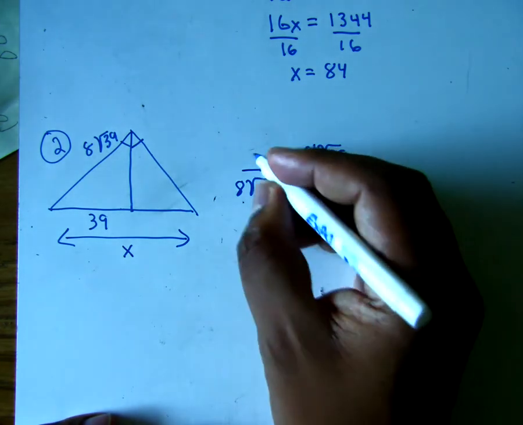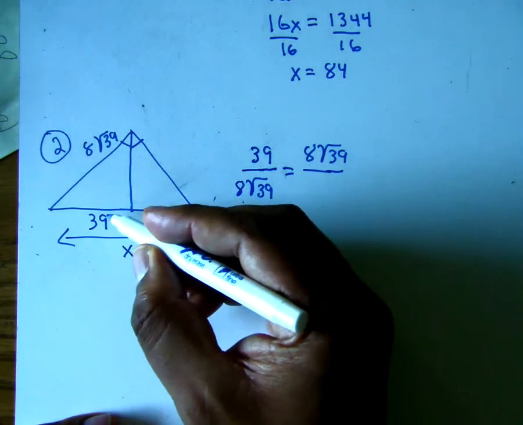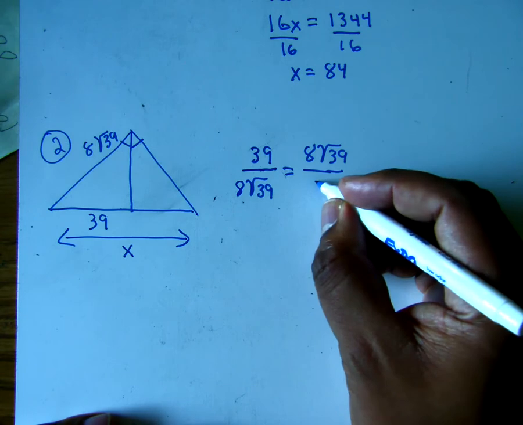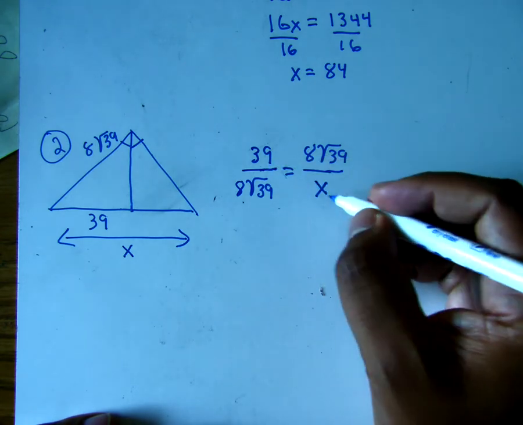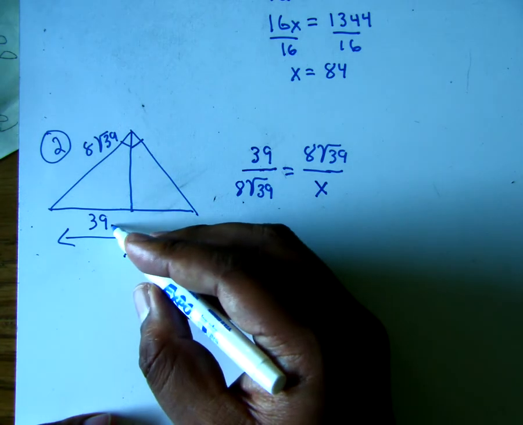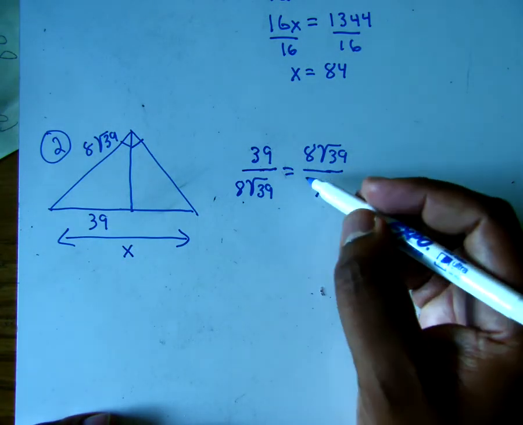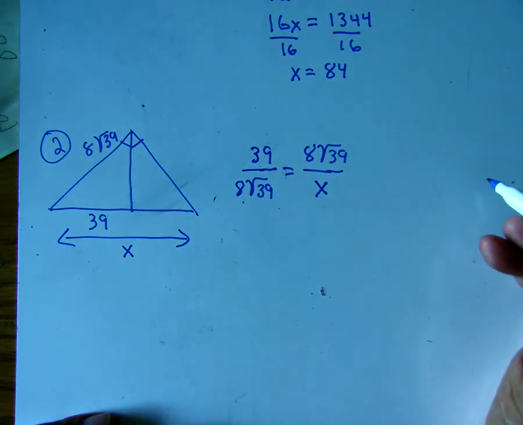And then we're going to have 39, which is our projection on this side, and x. Similar to the parts of the hypotenuse, it doesn't matter which part you put in. But the 39 is the projection, and we need the whole hypotenuse when we're dealing with the leg rule.